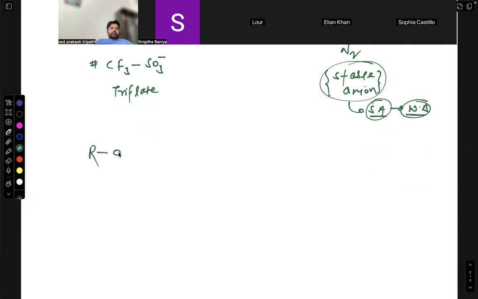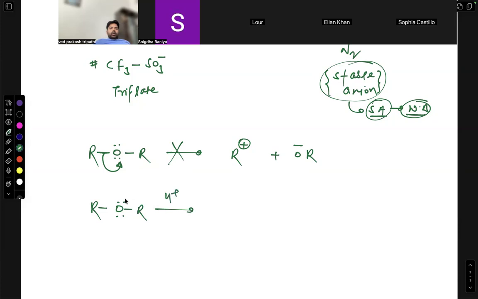Now the next is, suppose you have an ether. And this is not a good leaving group. So you cannot break this bond like this, to form R plus and OR minus. This is the wrong approach, because OR part of the ether is not a good leaving group. So we will protonate this first, like we can react with any acid or any proton.